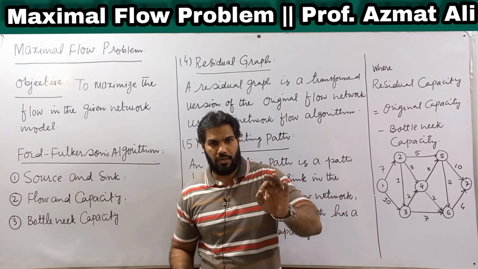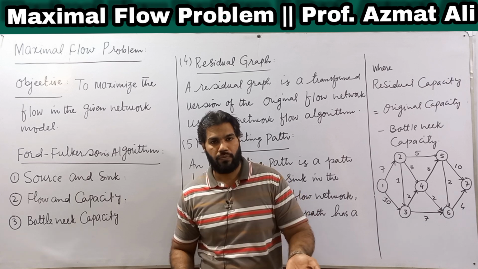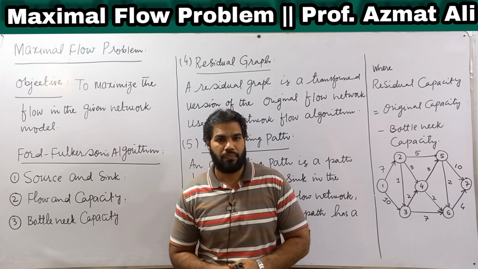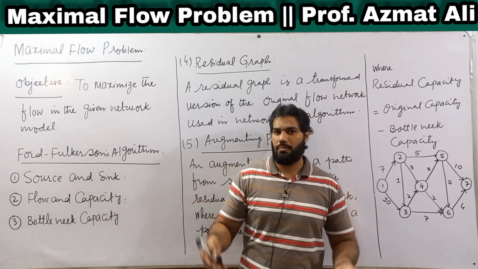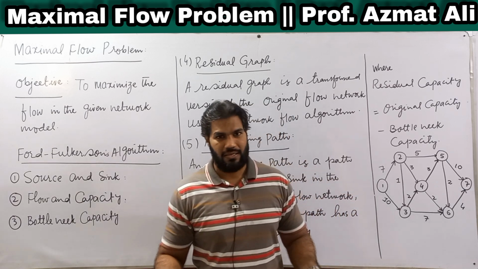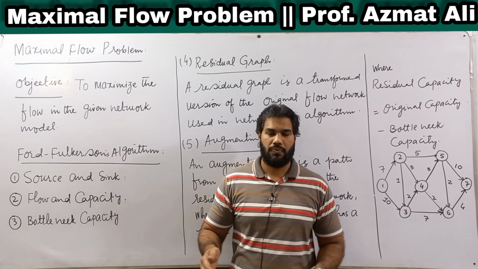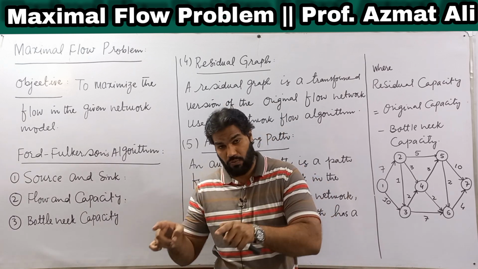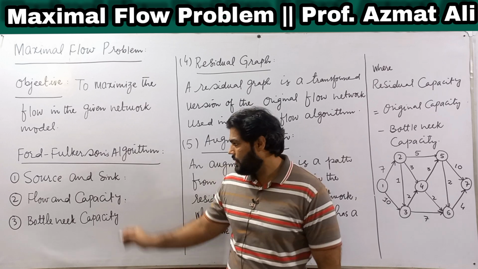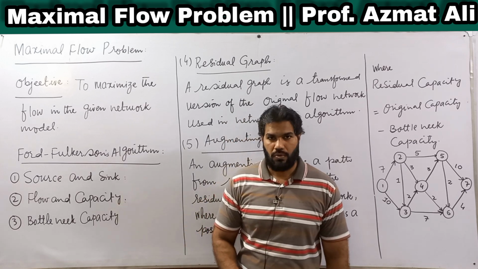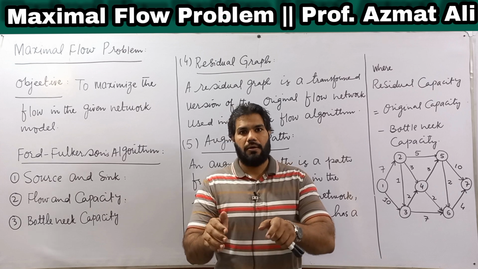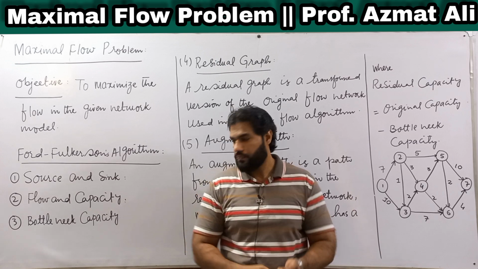This number of vehicles shows the flow, whereas the natural question that arises here is how many maximum vehicles can pass over the bridge. So the maximum number of vehicles that can pass over the bridge shows the capacity. So capacity is actually a type of flow, but it is the maximum amount of flow.